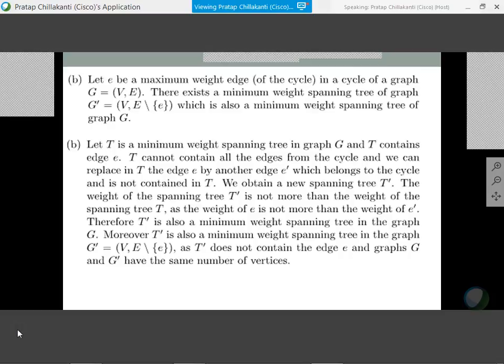Similar thing, let E be a maximum weight edge. It's the opposite of that. Then we are saying that there exists a minimum weight spanning tree of graph G, which is also a minimum weight spanning tree of the graph G. Some proof here. Again, convince yourself.